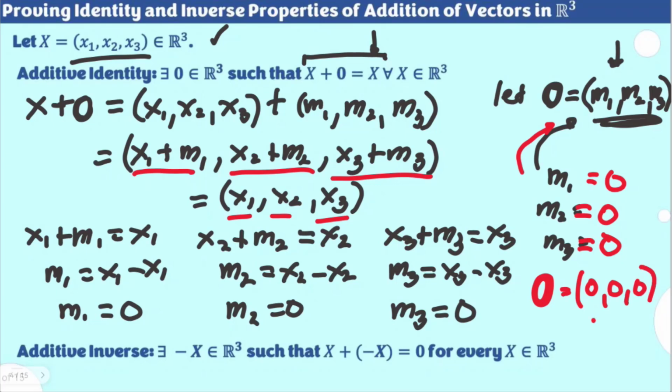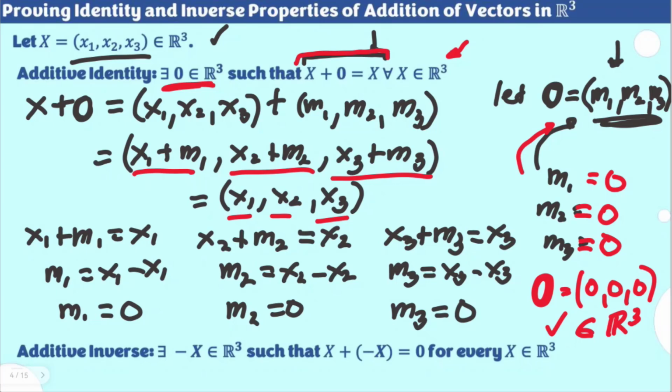Is this an element of R3? The answer is yes. Then we have shown the existence of a 0 vector in R3 with these components that satisfies this equation, and that is true for all x in R3. This time, we have shown the additive identity. That's good already, so we have now proven that.